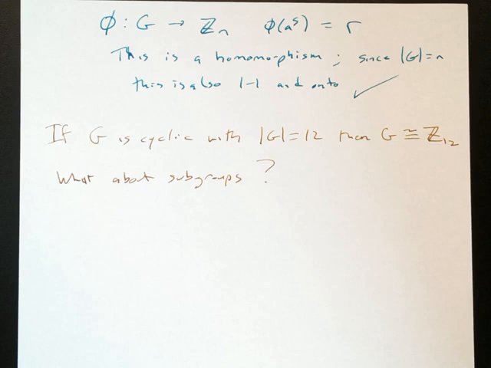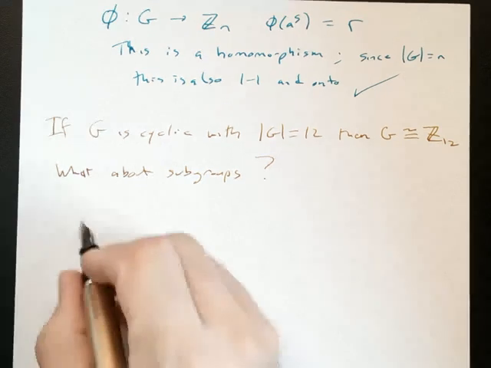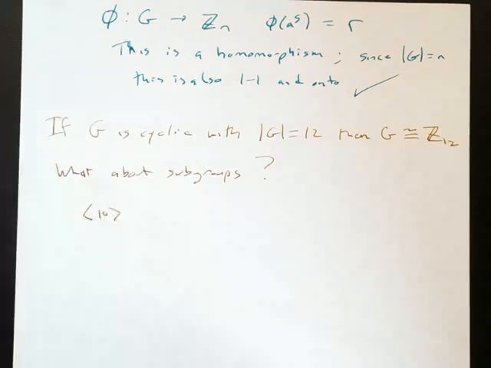Pick a number between 0 and 11. Let's look at subgroups. 10. Okay, let's start adding 10 over and over and over again. So I want to look at the subgroup generated by 10.